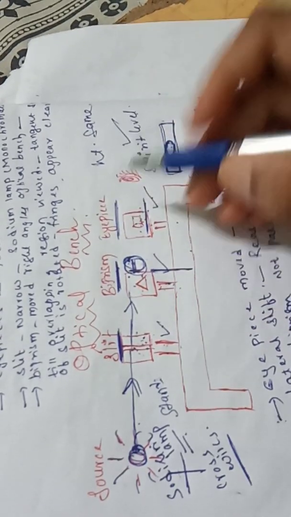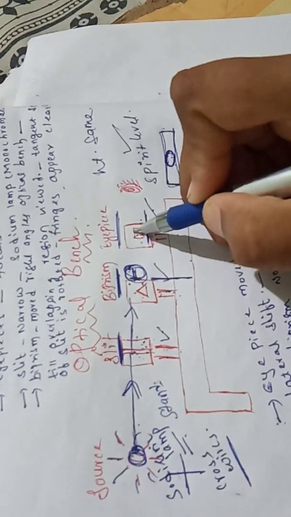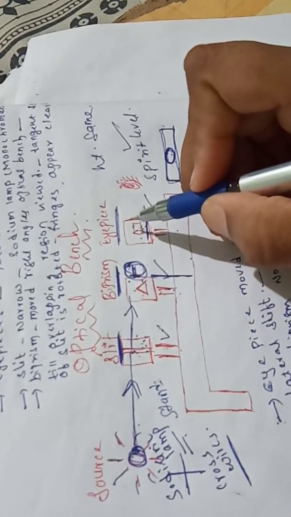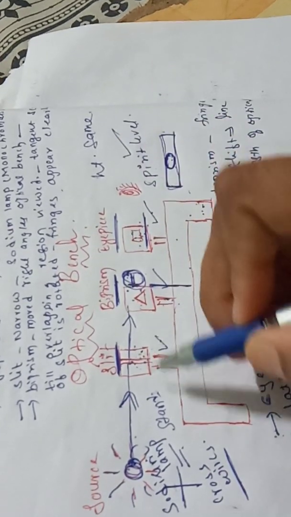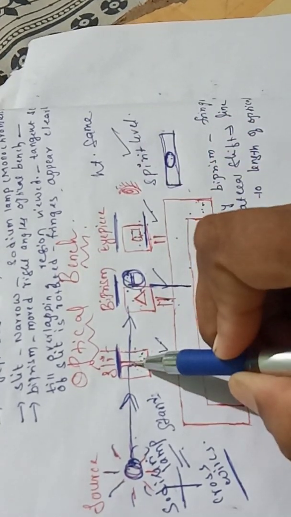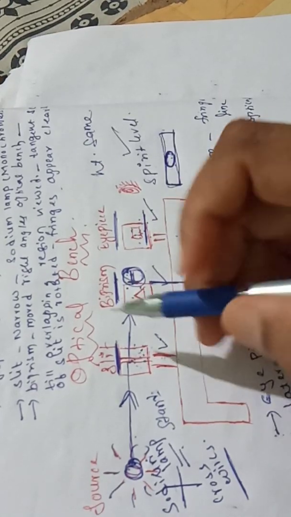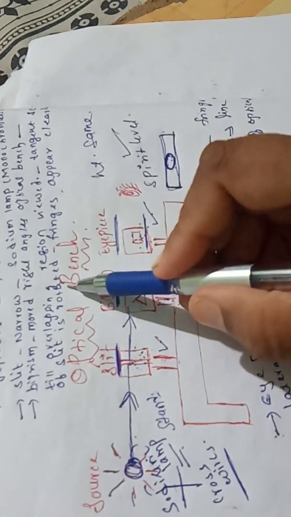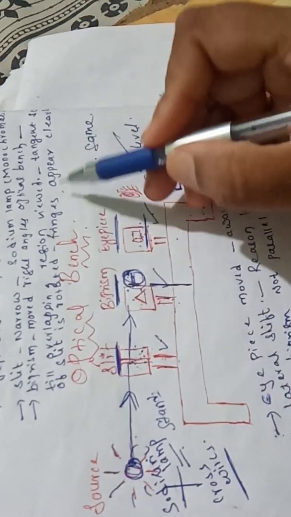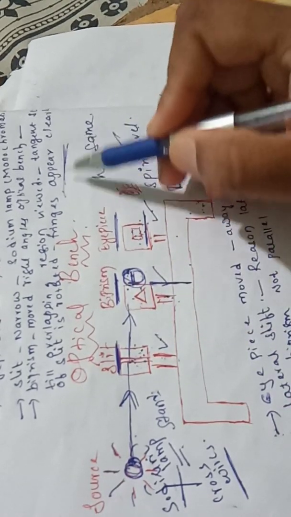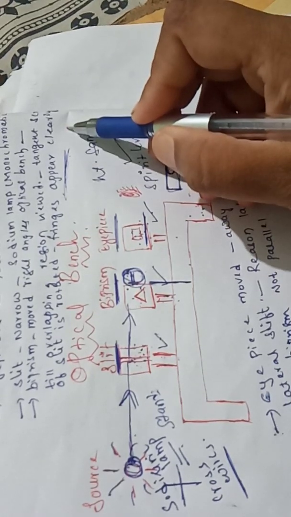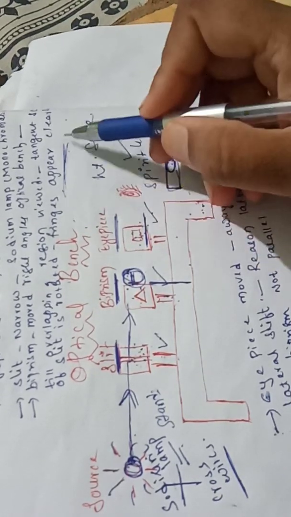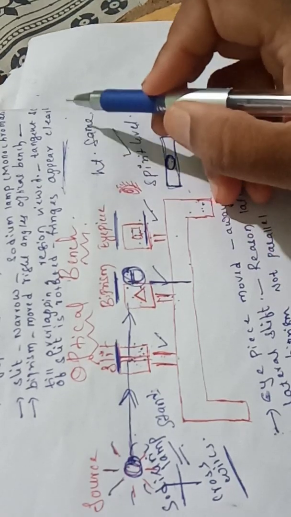Okay. Now next, by using the tangent screw of the slit, we will rotate the tangent screw until interference fringes appear clearly.